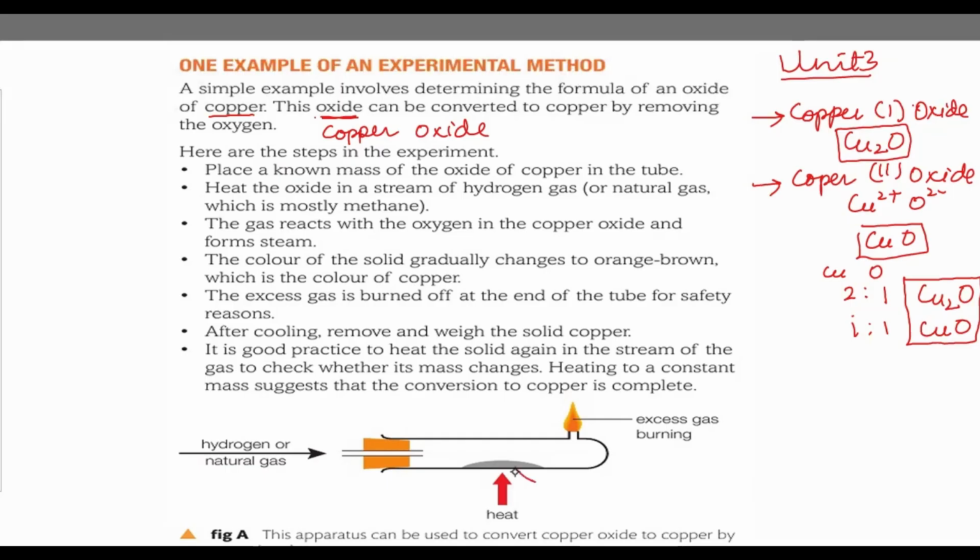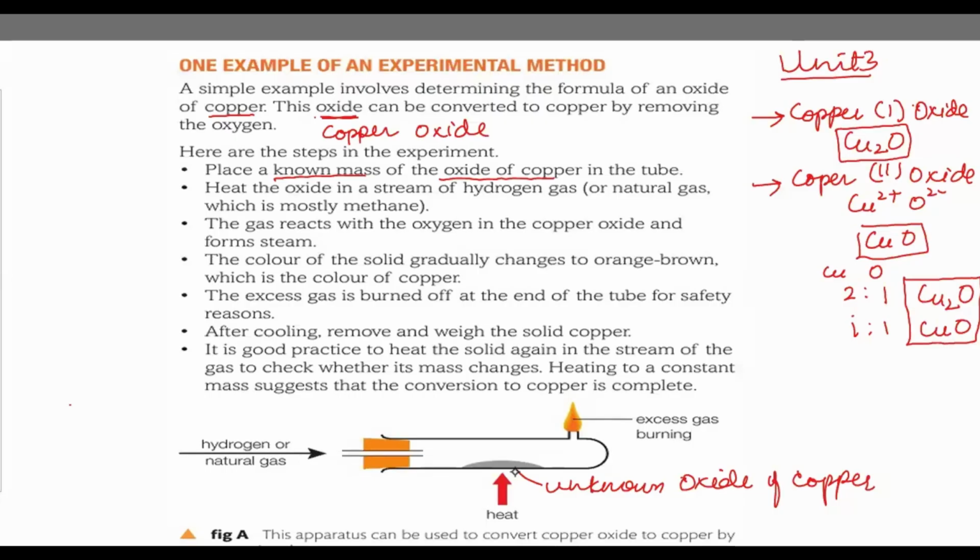The unknown oxide of copper, they are taking a specific mass of that. Okay, they are taking the known mass of the oxide of copper in this particular tube, and they're heating it. While they're heating it, they're passing the hydrogen gas or the natural gas, basically methane, over this heated copper oxide. Fine.